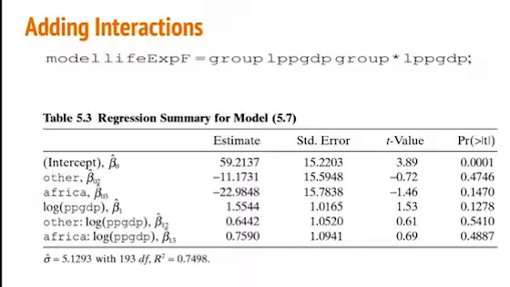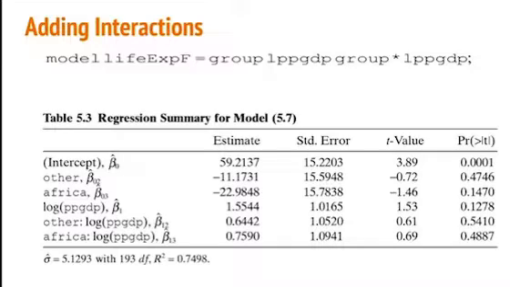Any question on what you're seeing in the table now? Now you have the interaction of order and the log of PPGDP. You have the interaction of Africa and the log of PPGDP. So this is now testing both the main effects and the interaction effects.